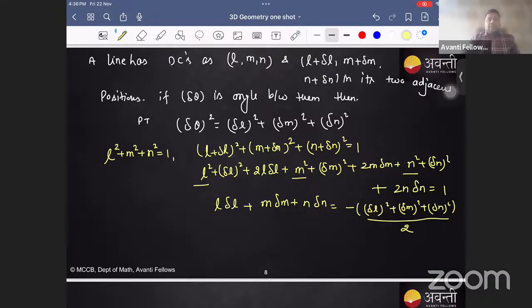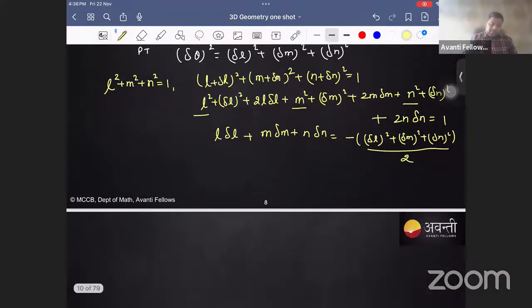All right. Now they're talking about the angle delta theta between these two vectors. So what will be delta theta?